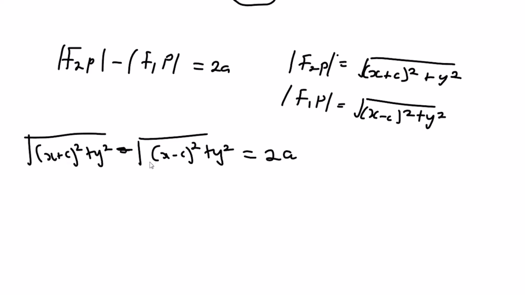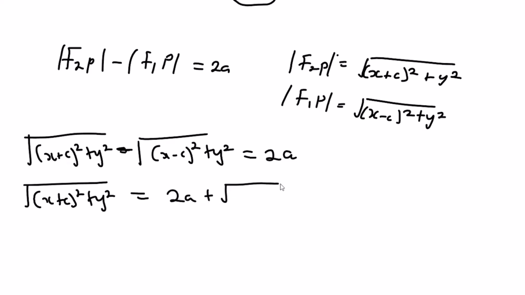Now let's take this one to the other side. So we have root of x plus c all squared plus y squared will be equal to 2a plus the root of x minus c all squared plus y squared.